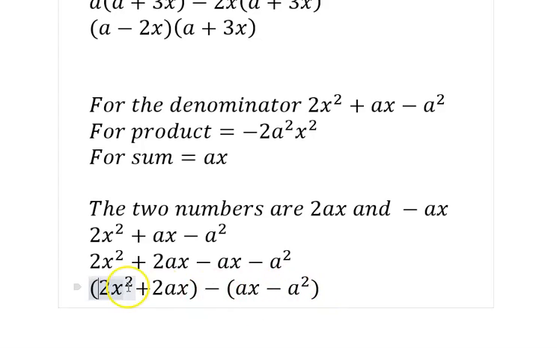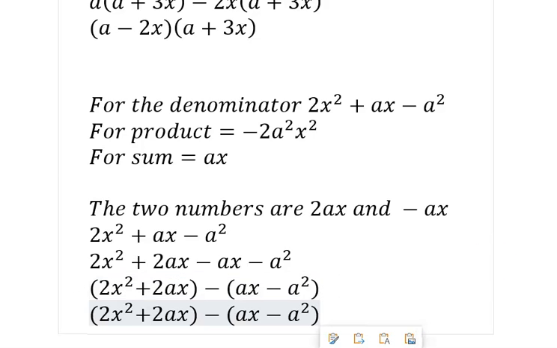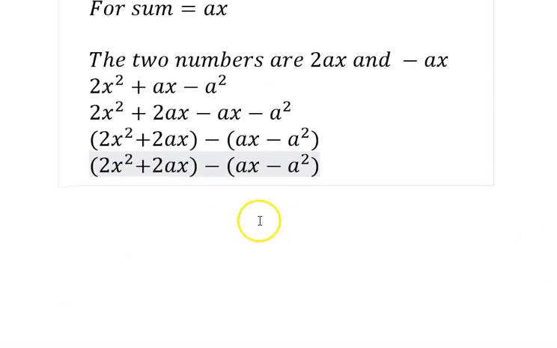So the next thing is for us to look at what is common. You can bring it out. Beautiful. So 2 is here, 2 is here, 2 is common, x is here, x is here. So that means 2x is common here. So let's bring it out.